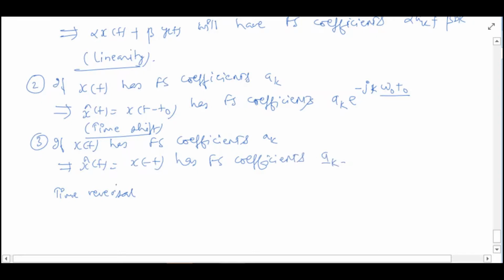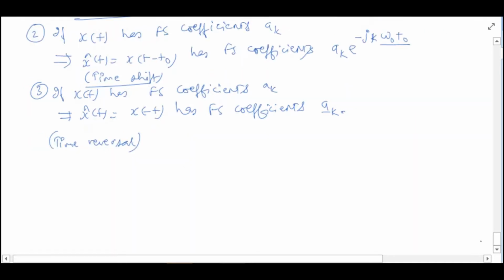To be precise, if I denote Fourier series coefficients of x hat(t) by b_k, then b_k is a_minus k for all k. So this is called time reversal.